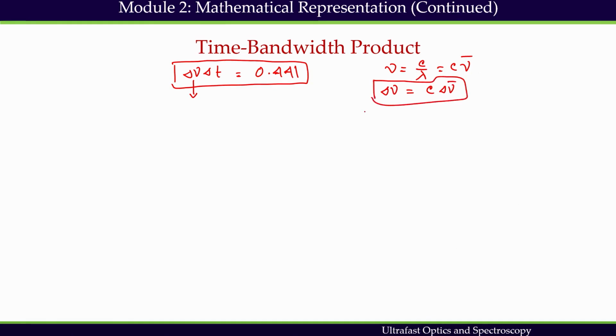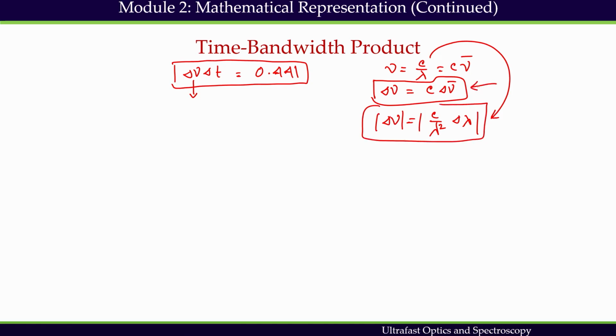On the other hand, if we have to convert it to wavelength, then we have to write down delta nu equals c by lambda square delta lambda. It's coming from this expression. There is a negative sign here, but we are omitting it. We are just considering the magnitude of this. So these are the conversions we should remember. If we want to convert delta nu to its wave number, this is the equation. And if we have to convert delta nu to delta lambda, then this is going to be the expression.